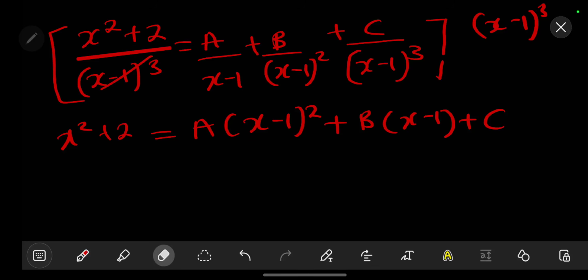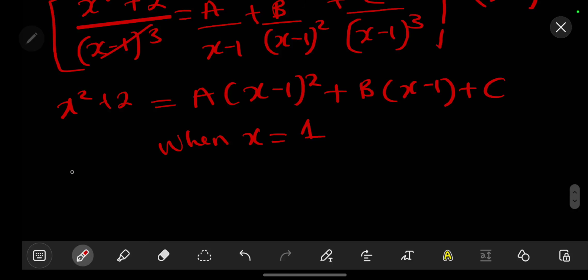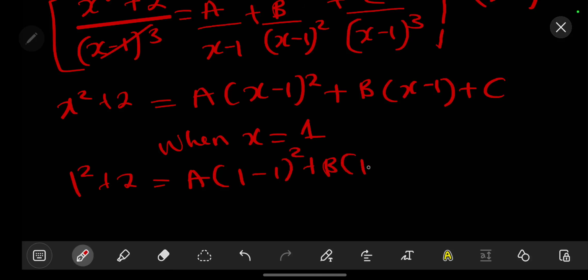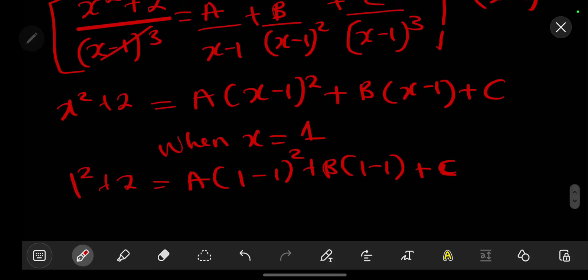So what we are going to do is, let us eliminate two letters. We are going to say when x is equal to positive 1, we are going to get 1 squared plus 2 should be equal to a times (1 minus 1) squared plus b times (1 minus 1), then plus positive c like that.